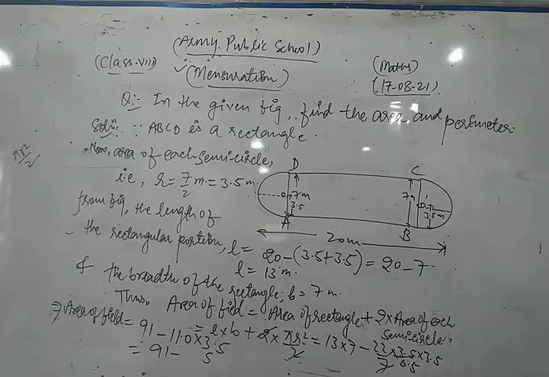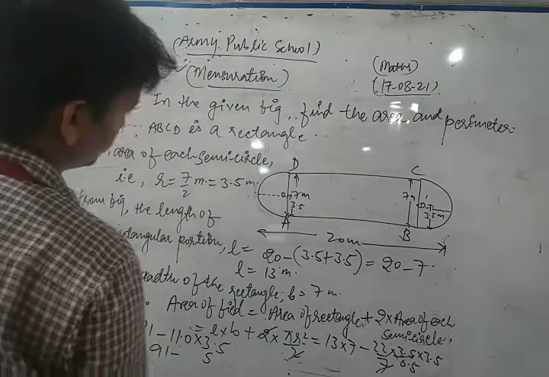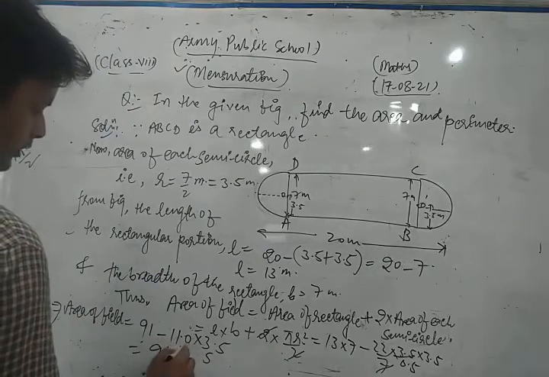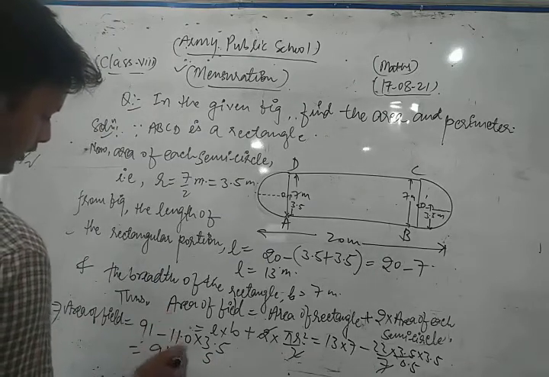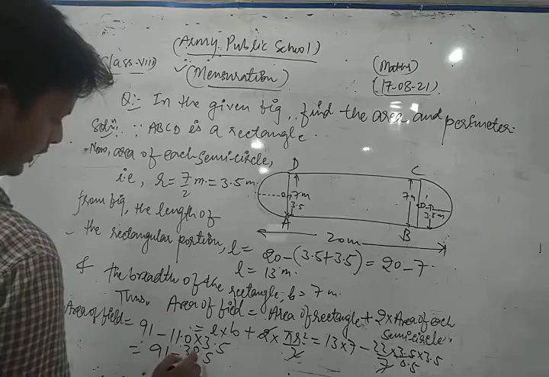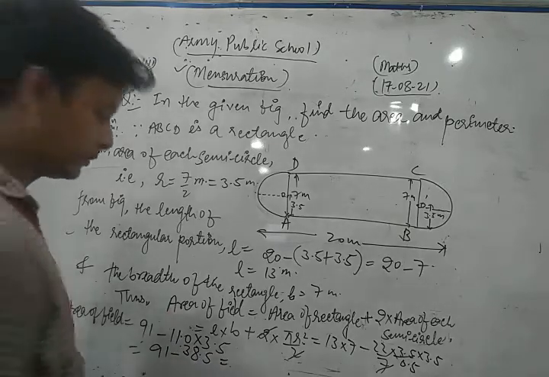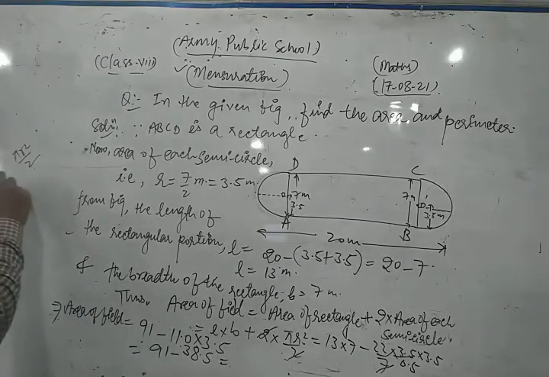Okay. So we get the value of this part, that is 38.5. Okay, 38.5. Now what do I do? Now we subtract them: 91.00 and 38.50.